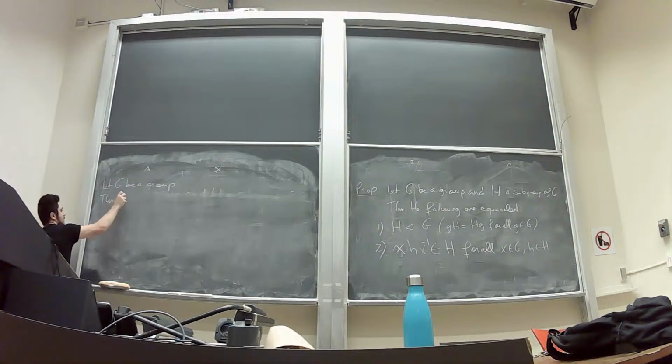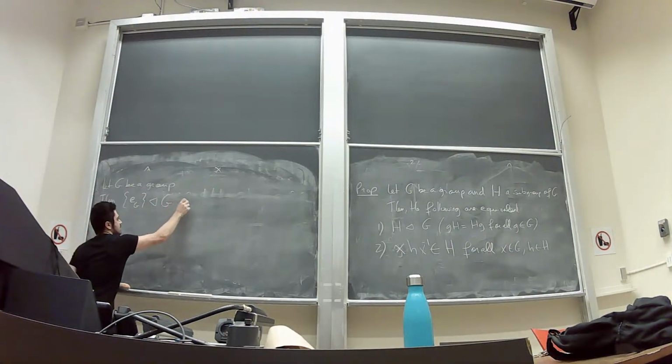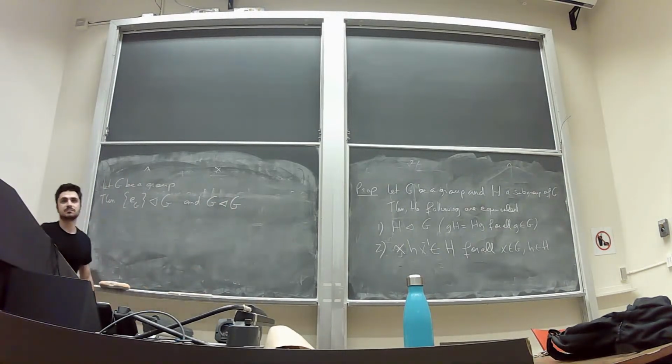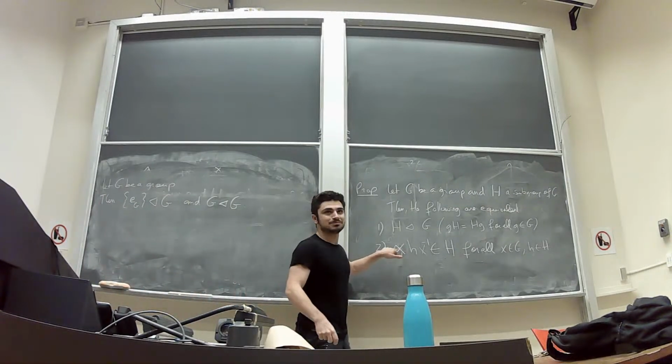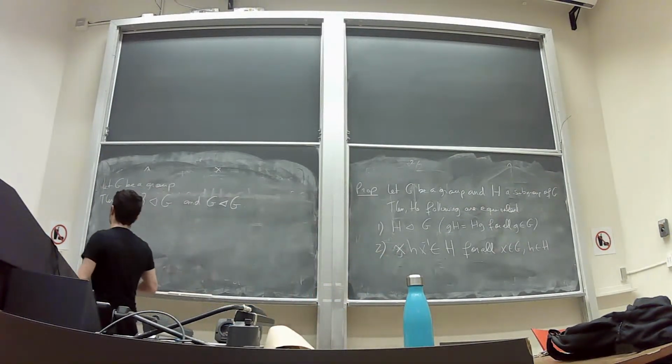Then {e} is normal in G, and G is normal in G. This is obvious. Let's apply proposition 2 to prove this.